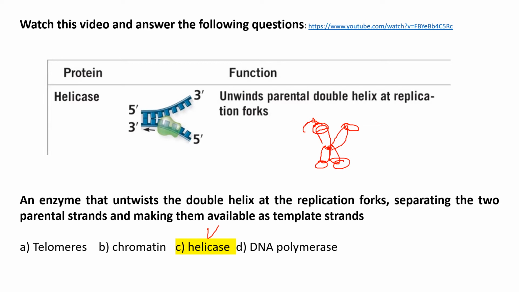It's not the only reason why people can develop cancer or grow old, but definitely telomeres are very important. So this is something completely different. Chromatin is not an answer either. DNA polymerase is another enzyme that is in charge of synthesizing the DNA. The template is the new strand. So the only answer is the helicase.